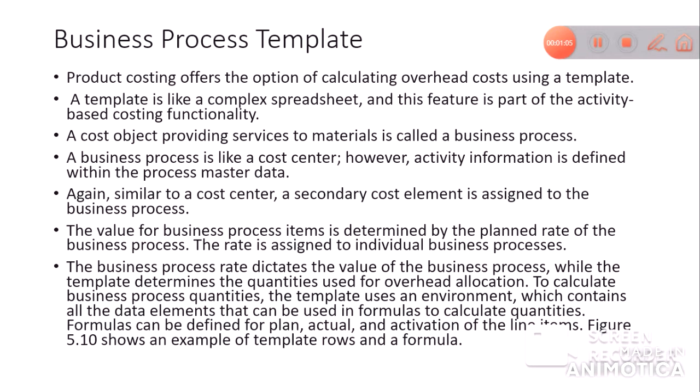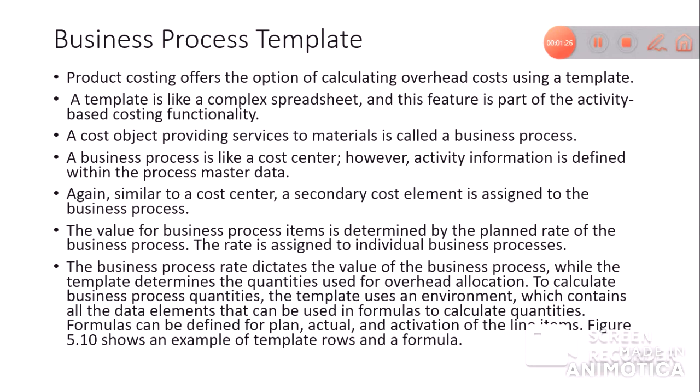The value for business process items is determined by the planned rate of the business process. The rate is assigned to the individual business processes. The business process rate dictates the value of the business process, while the template determines the quantities used for overhead allocation.